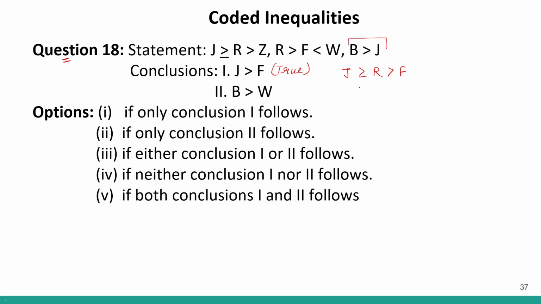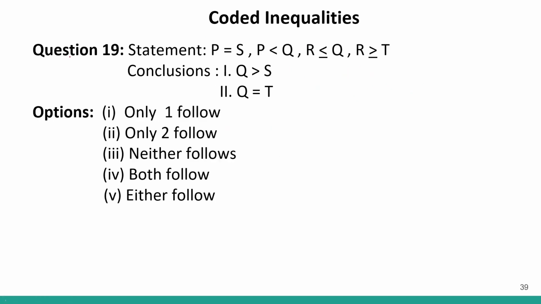If I move forward, I can see B is greater than J, and J is greater than or equal to R. This much information I can use. But now I don't have any relationship between R and W. So I cannot conclude the relationship between B and W. Therefore, this conclusion will be false. Correct? So my answer will be that only conclusion 1 follows. Option number 1. Clear?